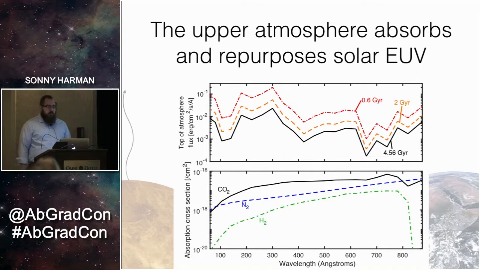A little bit beyond that, 125 nanometers. And across that whole region, most of the atmospheric constituents that we're worried about, for example, CO2 and N2, which are the predominant components of Venus's current atmosphere, absorb very strongly in that region. And as you can see, the fluxes vary across a couple orders of magnitude from a very young sun to something more like the modern sun.